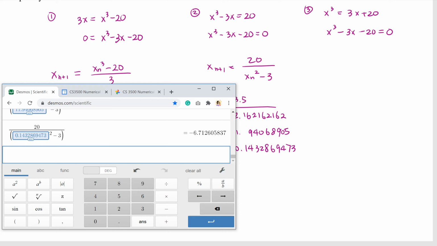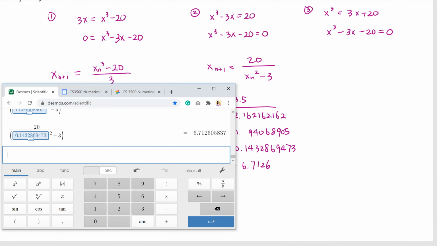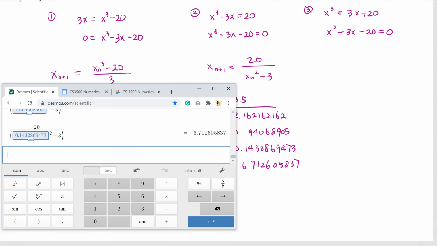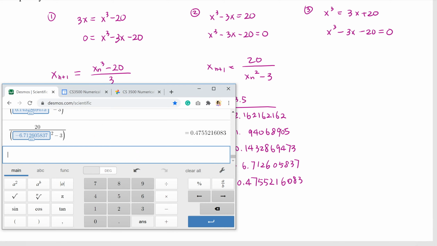Then negative 6.712605 837. Okay, let's do more. 0.475521 6083. They're not big numbers, but they're also not converging.